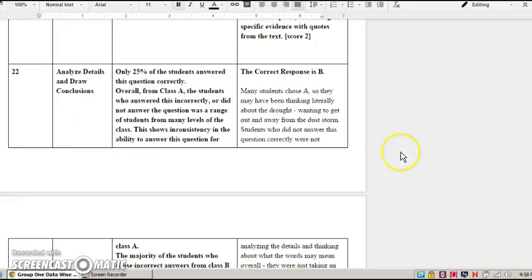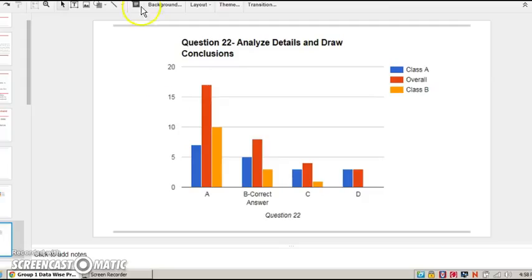So it says that the correct response was B and that most students chose A, so they could have been thinking literally about this instead of analyzing and thinking about what the details mean and then drawing conclusions about the details. So we see that most of them answered A, but the correct answer was B.